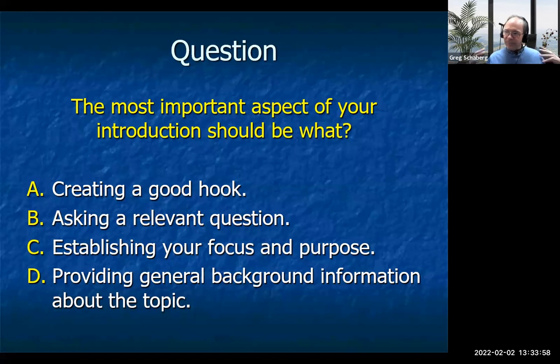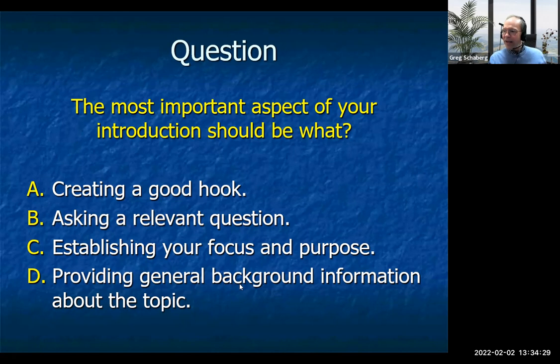So next question. The most important aspect of your introduction should be what? D. Great. Now, D is very important. In fact, all of these things are very important. Creating a good hook is important. Asking a relevant question is important.